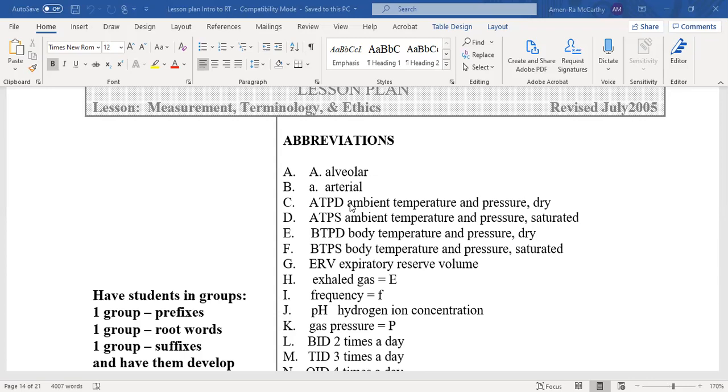Very, very important. The next one is ATPS, which is ambient temperature and pressure saturated. Dry is if there's no water vapor, and saturated would mean it is fully saturated with water. BTPD and BTPS are body temperature and pressure dry, or body temperature and pressure saturated.